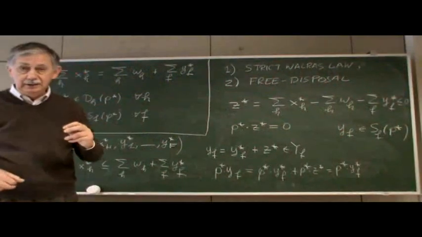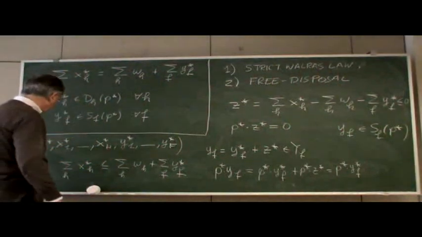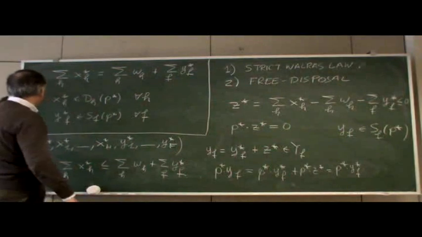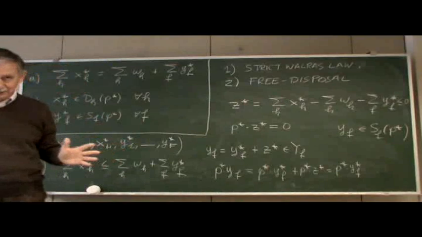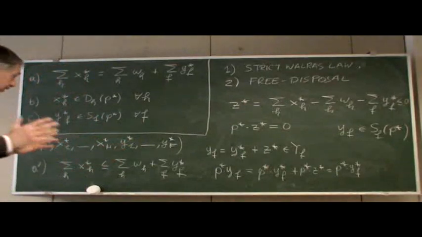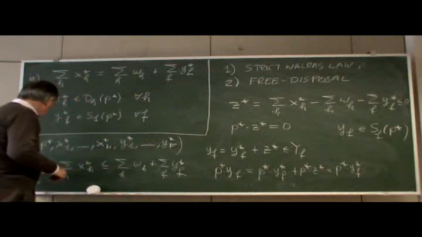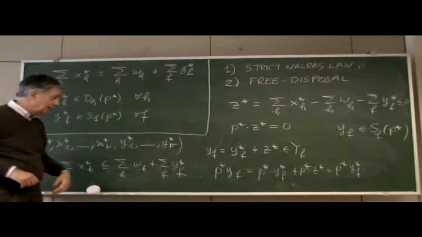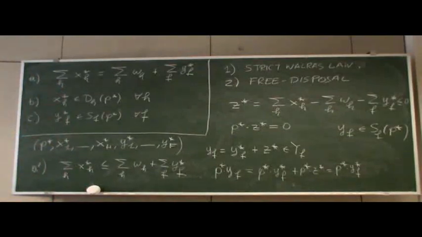Under these conditions, to prove the existence of equilibrium, to prove the existence of a large vector which verifies A, B, and C, is entirely equivalent to prove the existence of a large vector which verifies A prime, B, and C. A free disposal equilibrium in the case of production.